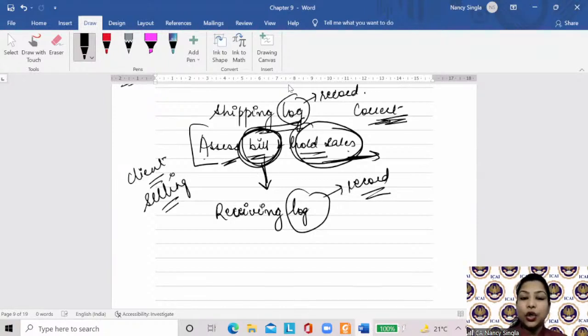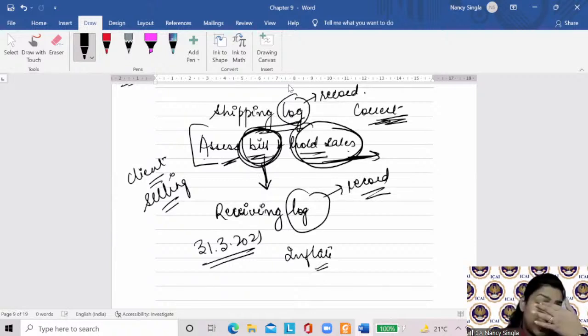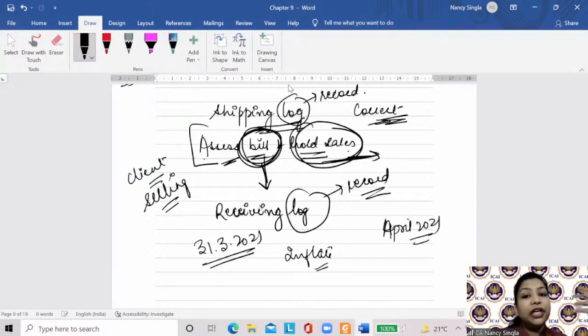But students, it should not happen that on 31st March, in order to inflate the profits, the client made a lot of sales to various, let's say, related parties, and in April month, let's say April 2021, they all got returned.